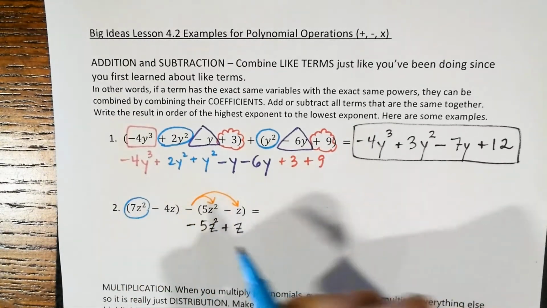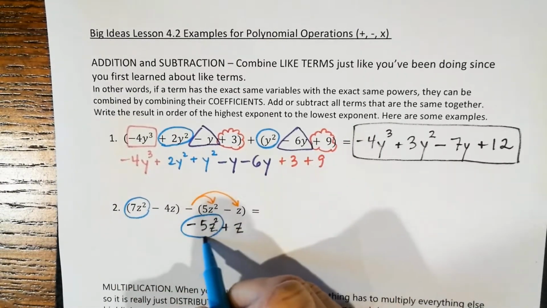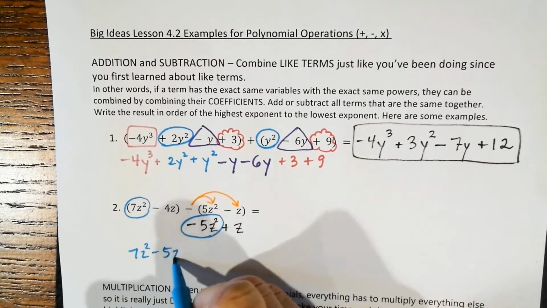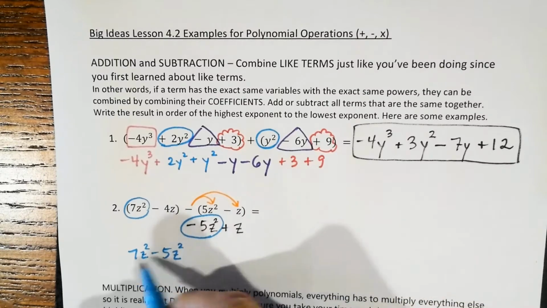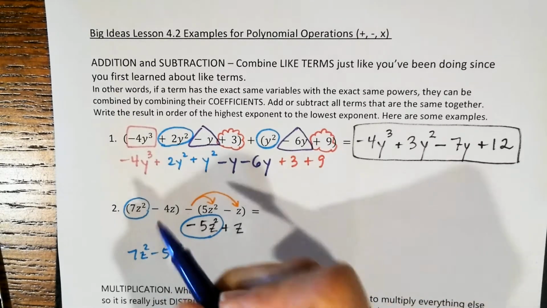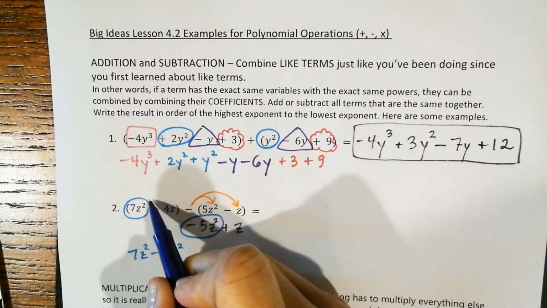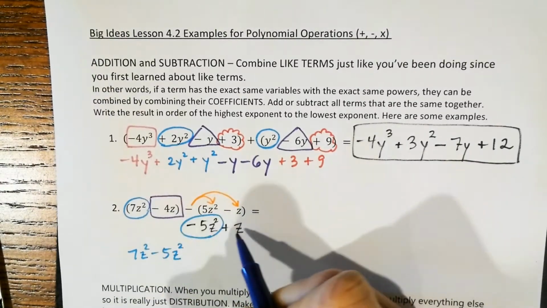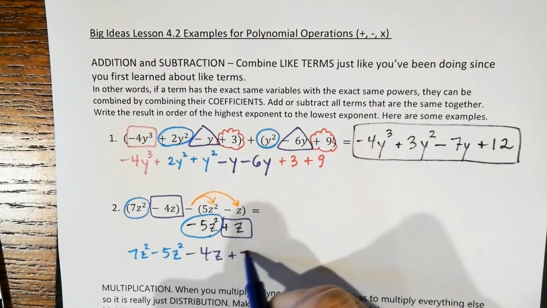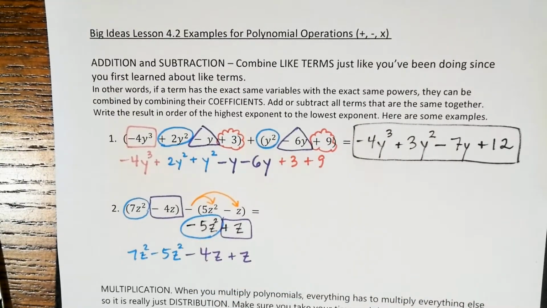7z squared and minus 5z squared. So these two things are the same. And then I have a minus 4z and a plus z, because I'd rather take an extra couple of seconds and get it right every time than rush.